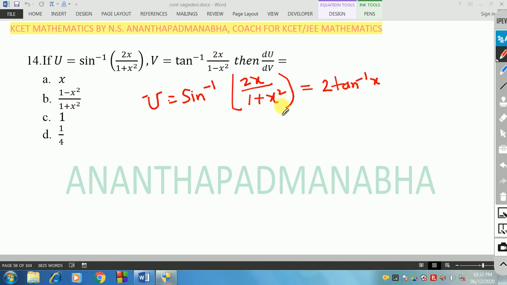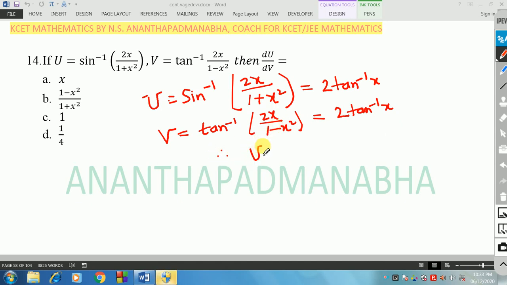Sin inverse of 2x by 1 plus x square is 2 tan inverse x, and v is equal to tan inverse of 2x by 1 minus x square, which is also 2 tan inverse x. So we know that 2 tan inverse x is equal to tan inverse of 2x by 1 minus x square. Therefore u is equal to v now.